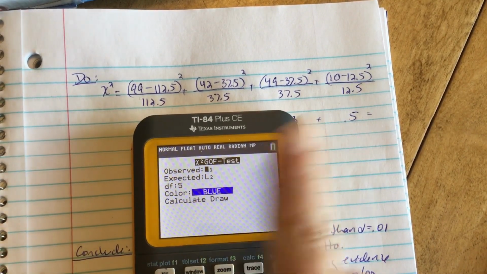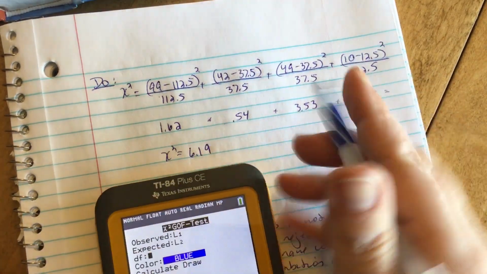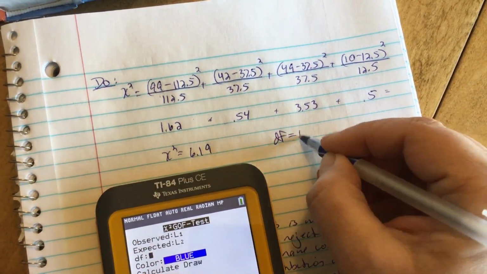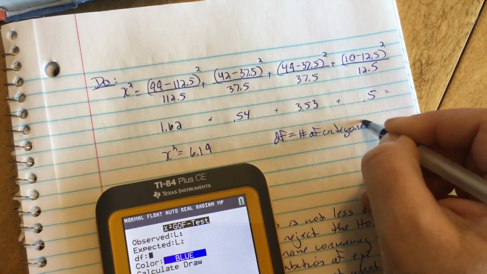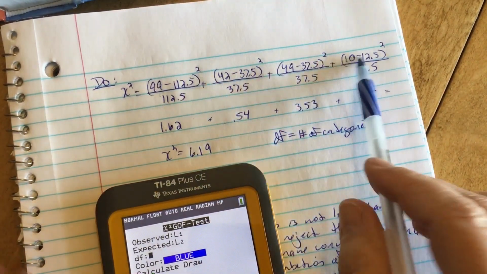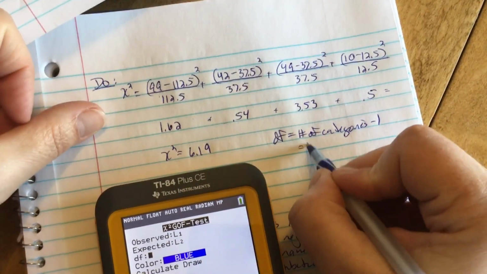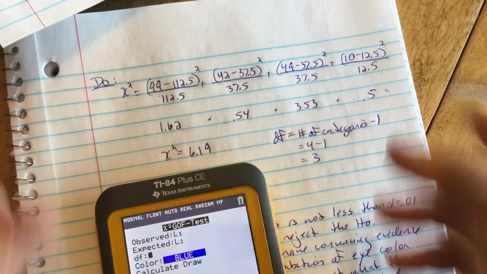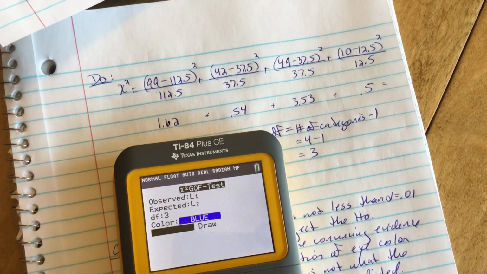Yes, I have my observed in list 1. Yes, I have my expected in list 2. Degree of freedom, again, is number of categories minus 1. So I have 1, 2, 3, 4 categories. So my degree of freedom is 3. Got it. And I'm going to calculate.